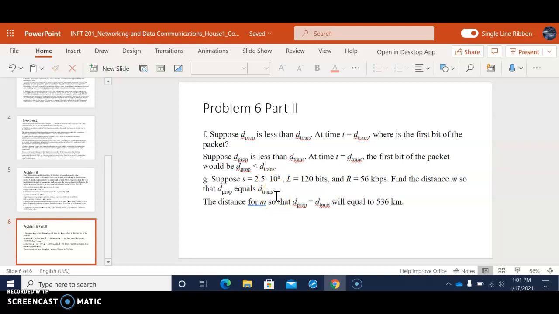Once you divide 120 by 56, you get 2.142857. Okay, but we're not done yet. In the s section, we need to do 10 to the power of 8.